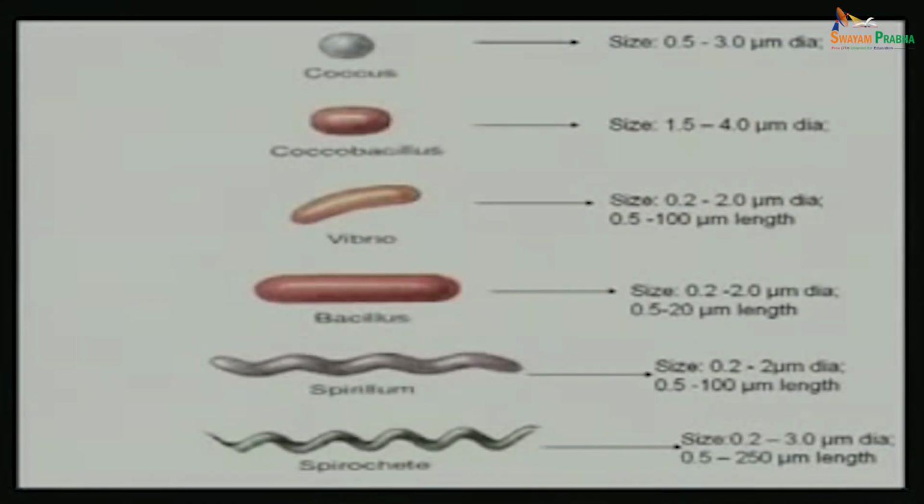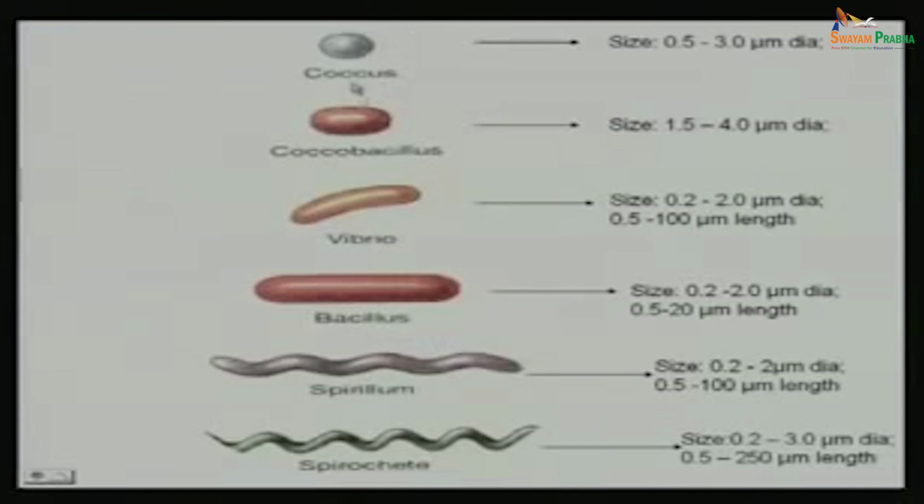Now, if we see the entire bacterial world based on its shape, the bacteria can be categorized. We will find that some of these bacteria are round or spherical in nature, some are rod and some are spiral in nature.